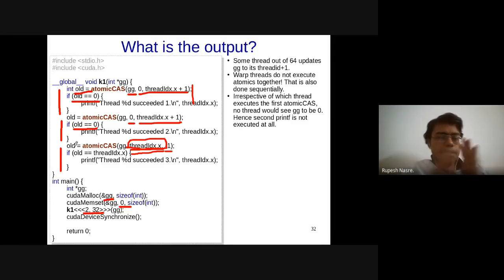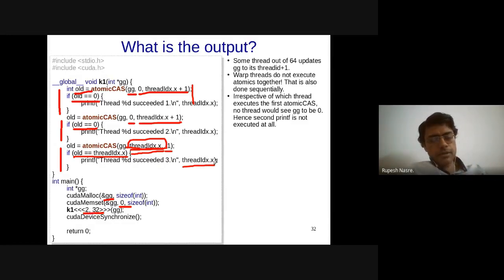So in case it so happens that it is one of the 0 to 30 threads who had updated this GG earlier in the first atomic cache, then the old value is going to get returned, which is the same as the thread ID, right? And if I see that my thread ID is the same as old, which means that my previous thread had successfully executed it, then I'm going to just print this, right?